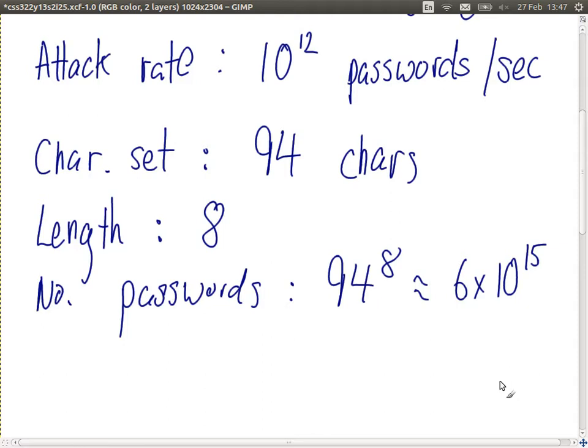If the length was 9 characters, how many passwords? Let's slow down. So people can follow. Let's calculate again.